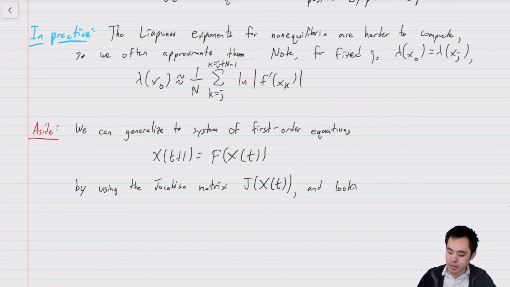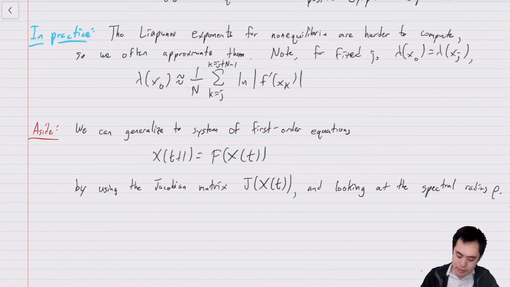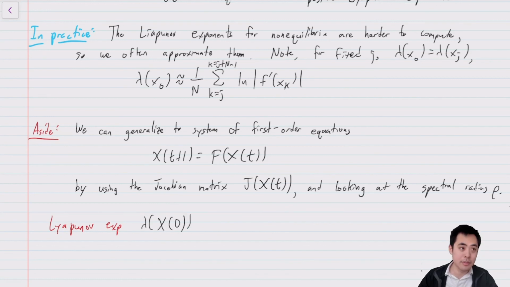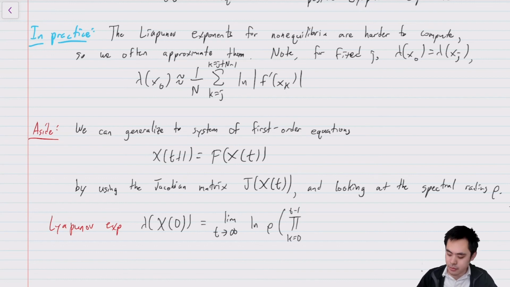Then we want to look at the spectral radius rho. In that case, the Lyapunov exponent lambda of x naught is equal to the limit as t goes to infinity of the natural log of rho of the product for k equals 0 to t minus 1 of each of our Jacobian matrices.